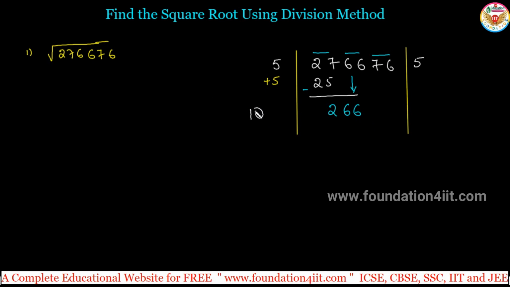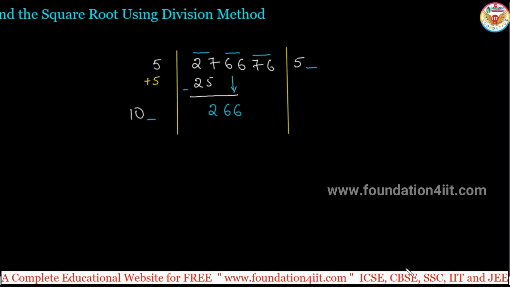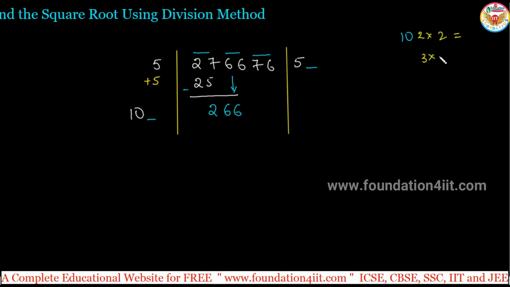Now, after 10, the next place and the quotient must be the same number, meaning 101 into 1 or 102 into 2, until you get near 266. You can do the rough work. 10 is there, so the next place must be the same. That means 102 into 2 or 103 into 3, near to that but less than 266.